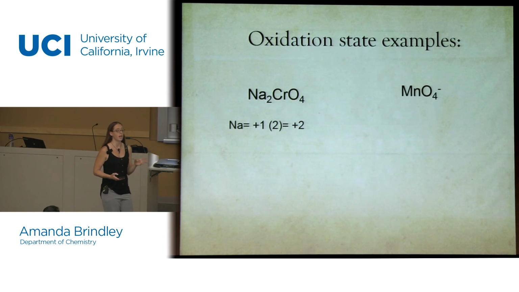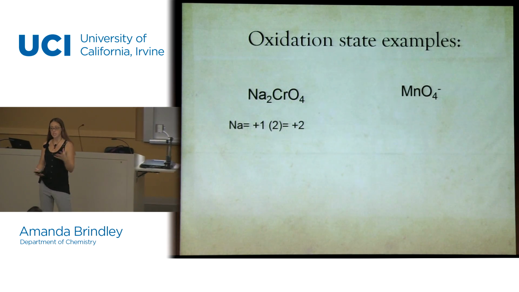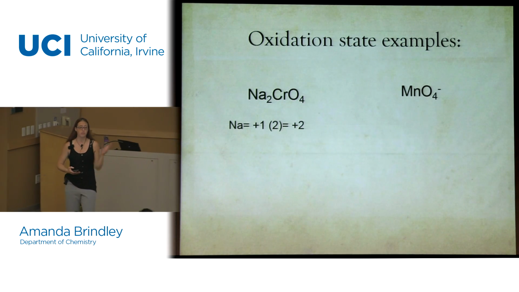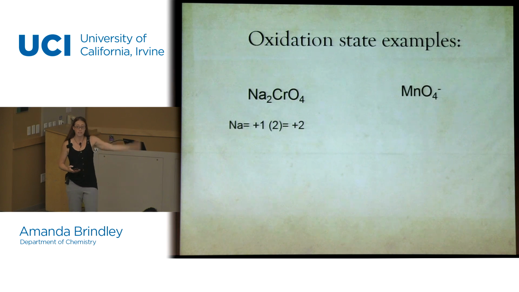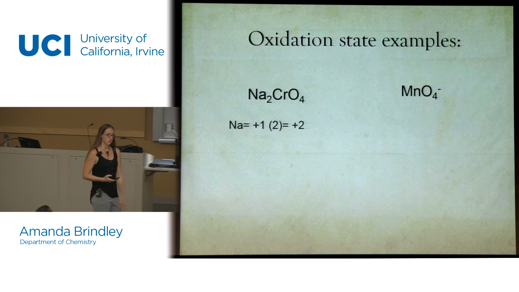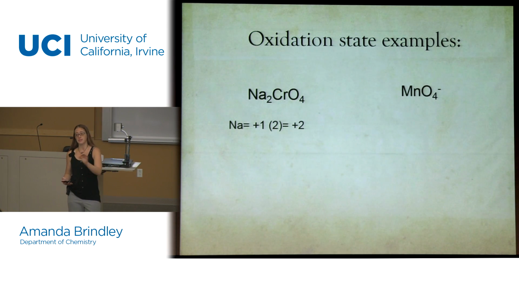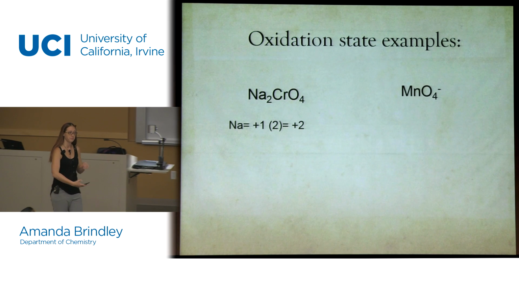The oxidation number on sodium is +1. Don't say that it's +2, okay? Keep it as +1. There are 2 of them, and so for the sake of figuring out what the chromium is going to be, we need to say, okay, there's 2 of them, so it's a +2. But the oxidation number of sodium is still +1. See the difference? All right.